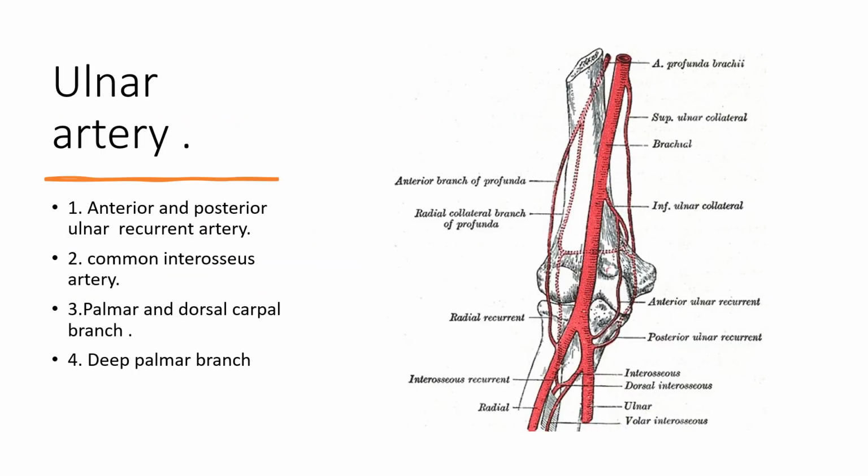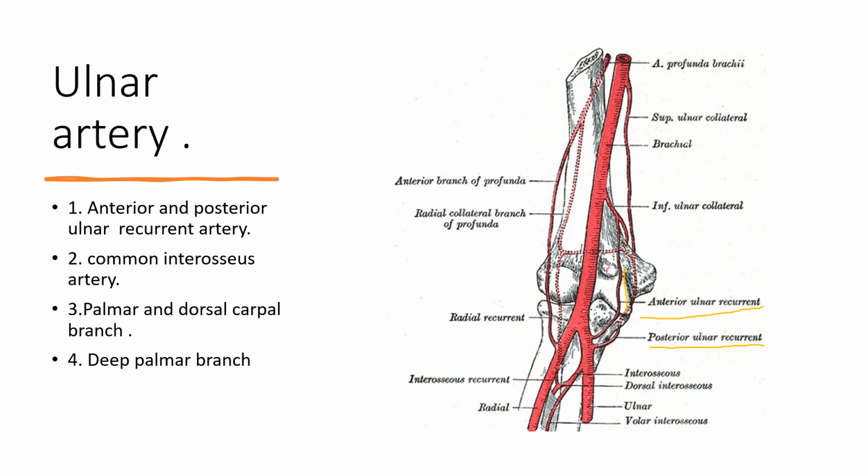Now coming to the ulnar artery. The ulnar artery has only 4 branches, the first being the anterior and posterior ulnar recurrent arteries. You can see in this diagram, this is the anterior ulnar recurrent artery, and this is the posterior ulnar recurrent artery. These two arteries participate in the anastomosis around the elbow, and they are very important.